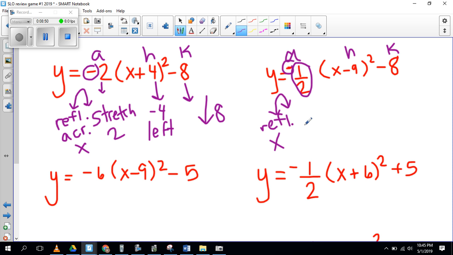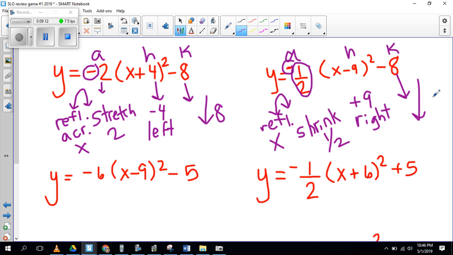So instead of stretching, it's going to shrink by 1/2. Then my H was a -9. We're going to change it to a +9, so it's going to go right 9. And then K is -8, so it's going to go down 8.